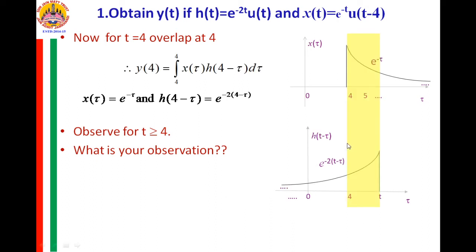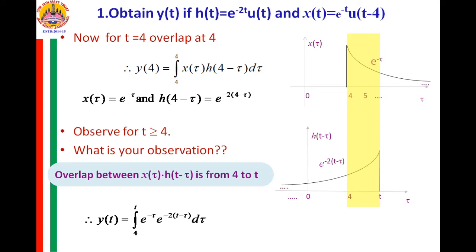I have shifted this h of minus tau by an amount t to this side, which is beyond 4, since t is greater than or equal to 4. And our observation is that this h of t minus tau exists up to t. So these two overlap each other from tau equal to 4 onwards up to t. These two, x of tau and h of t minus tau, overlap with each other.